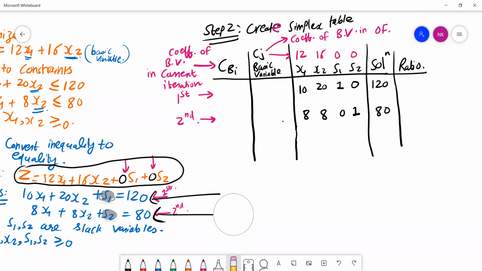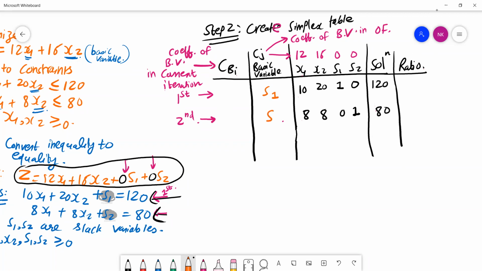Now, what is the slack variable or surplus variable that has been used in the first constraint? At the very first instance, you need to always write S1 and S2. Why? I will explain it once I complete this entire table. In the first constraint, the slack variable that has been used is S1.